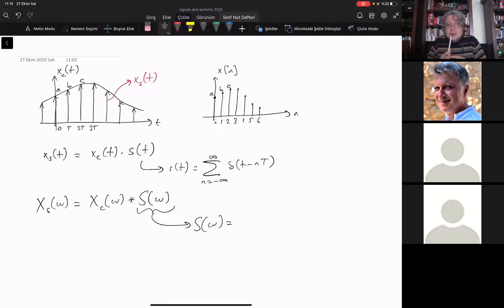That's interesting, isn't it? So you may think of it as trying to write S of t, which is a periodic signal, in terms of the Fourier series coefficients. And the Fourier series coefficients of that periodic signal, the impulse train, are always the same.